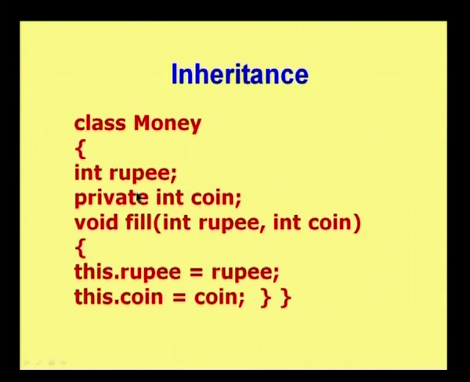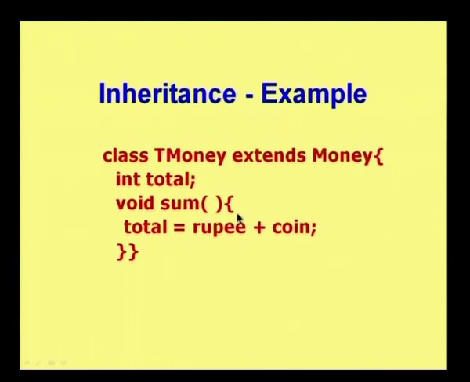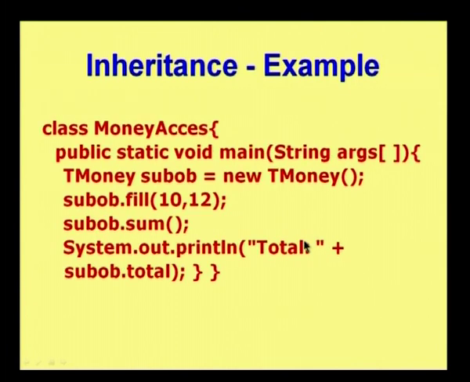You can see that this fill method is of access specifier package, so I can very well access that from here. So, this value will be filled, whereas here we are trying to access the sum method. The sum method is accessing one package access modifier value and one private value which could not be used. Now I am trying to print the total.